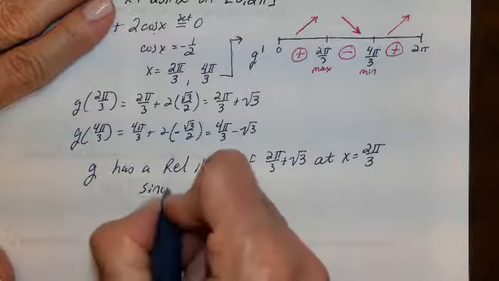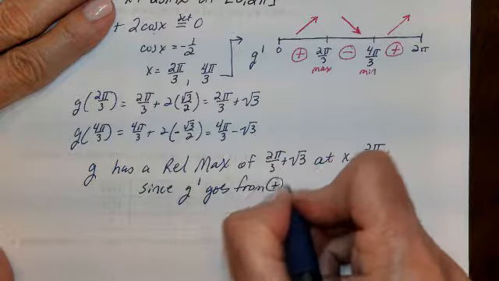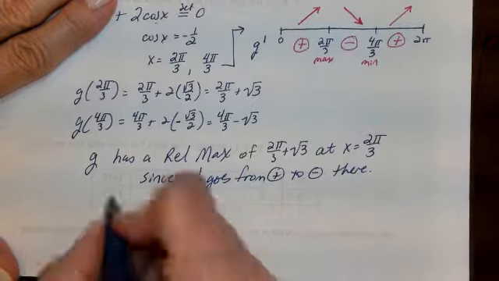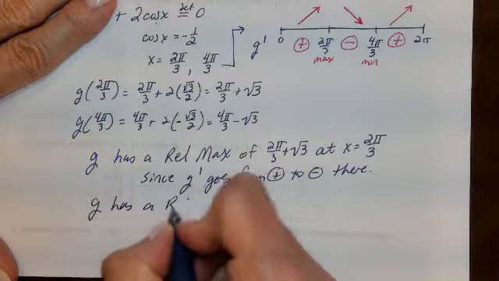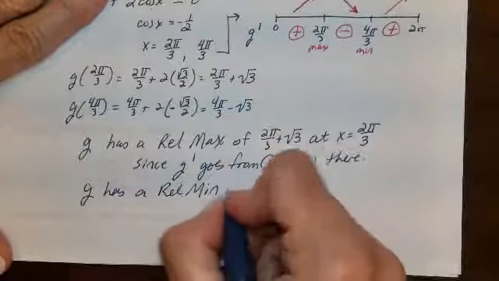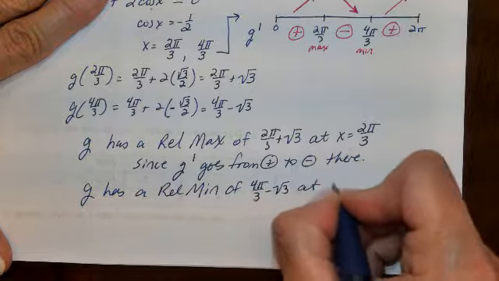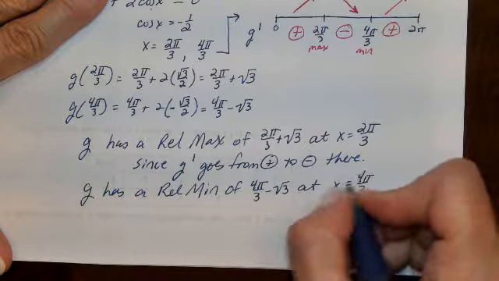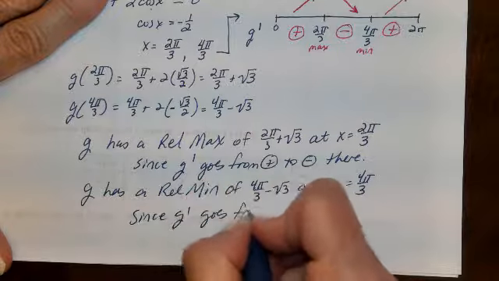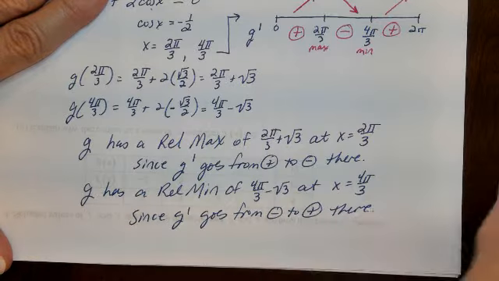So since G prime goes from positive to negative there, G has a relative min, or you can say local, of 4 pi over 3 minus square root of 3 at x equals 4 pi over 3, since G prime goes from negative to positive there. Okay?